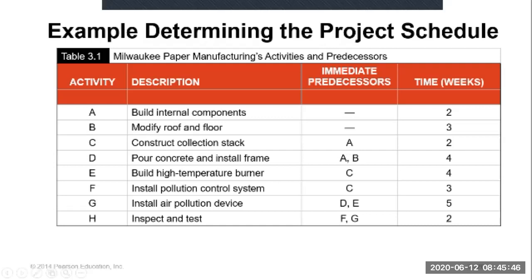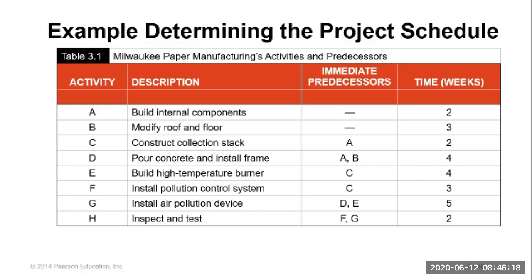You cannot start C before you complete A. But D can start only when A and B are complete. If only A is complete, you cannot start D. If B is complete but A is not, you cannot start D. When A and B are complete, then you can start D.